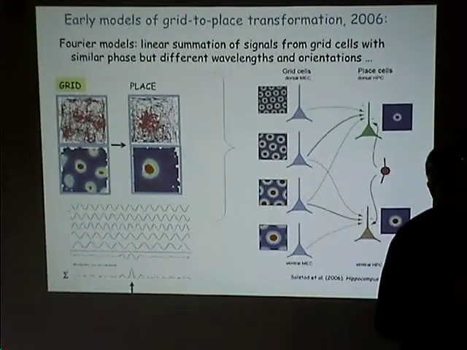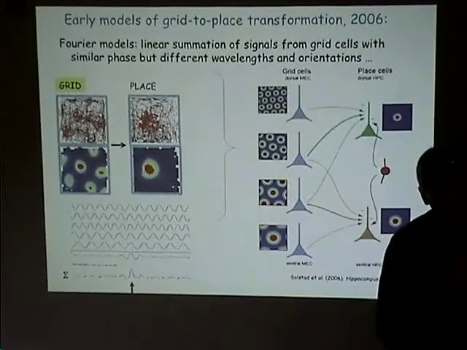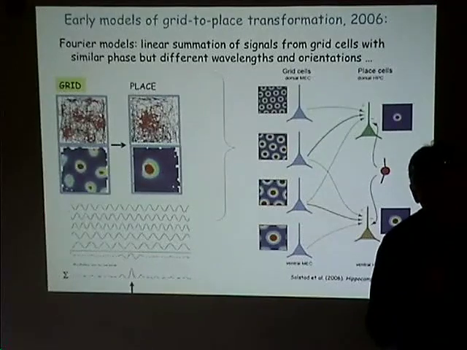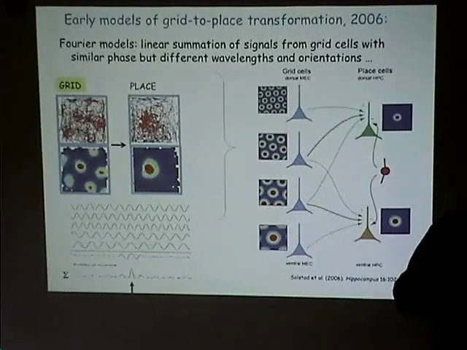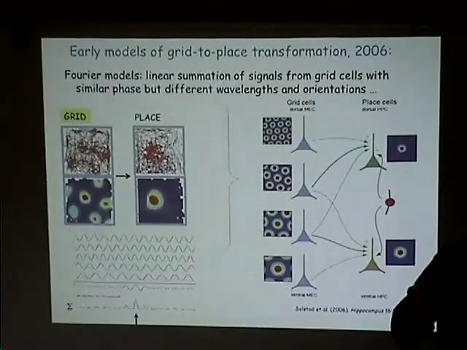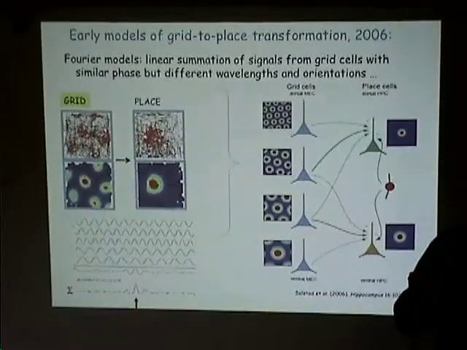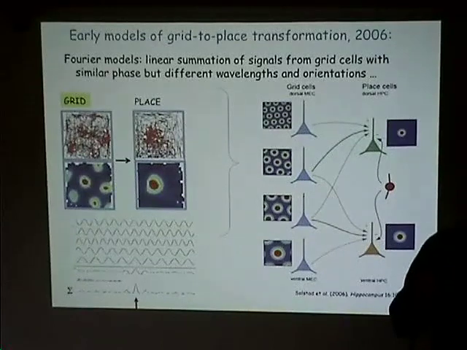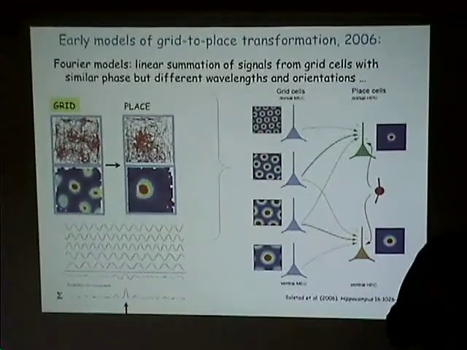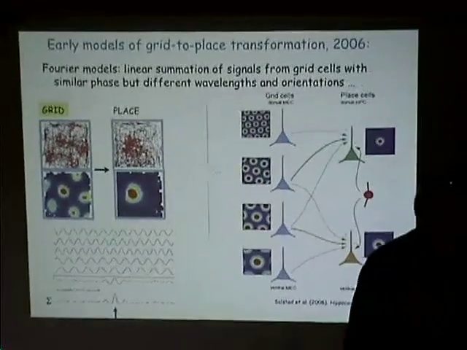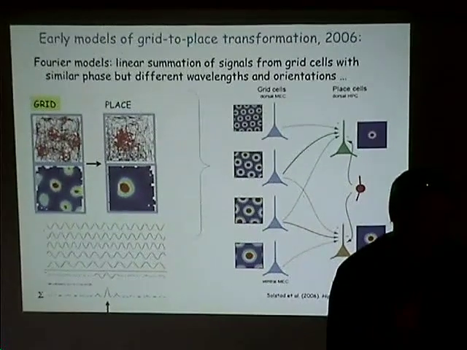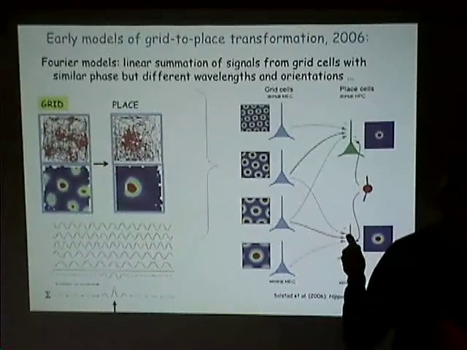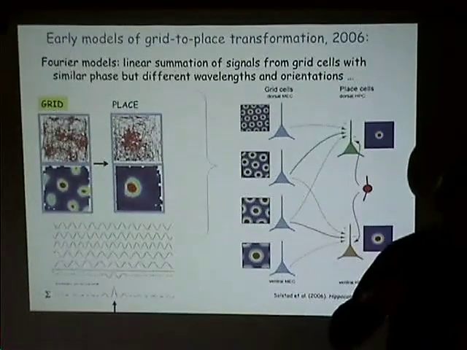From a normative point of view, it's a pretty dumb thing to do, right? Because you naturally have space in the outside world, even if you're in the hippocampus. To Fourier transform it to the grid cells and Fourier transform it back into the place cells is just a noisy process. I mean, of course, if I designed the brain, it wouldn't work like that. But I will come back to that at the end of the talk, because there may be reasons for doing this that are not related to just making a single field.